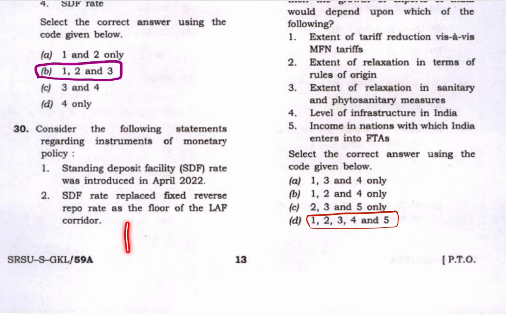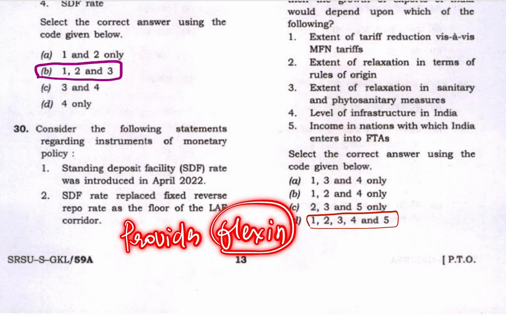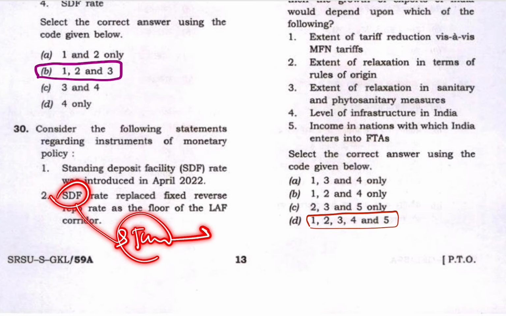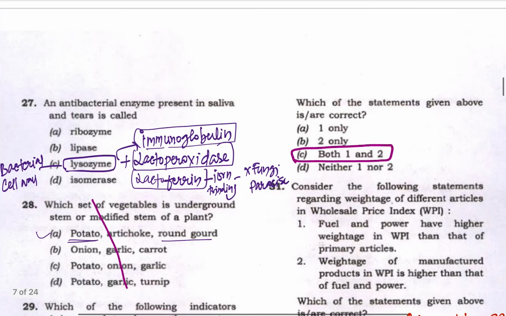So SDF provides flexibility to the RBI, because usually the money that RBI sucked from the economy with the help of the fixed reserve repo rate was for overnight, but SDF can take money from the market for the long term also. That's why both of these statements are correct.